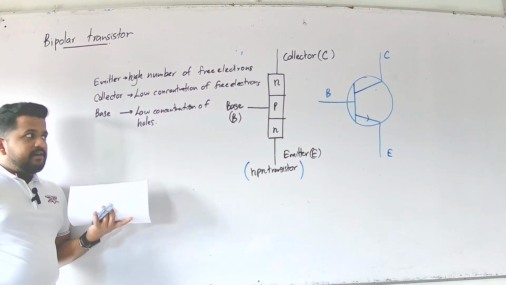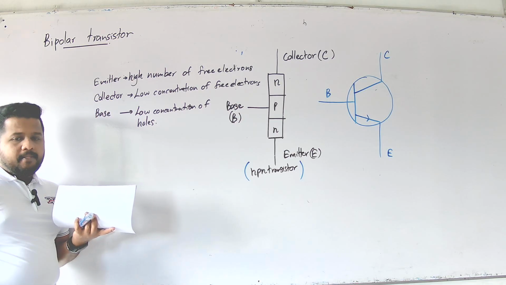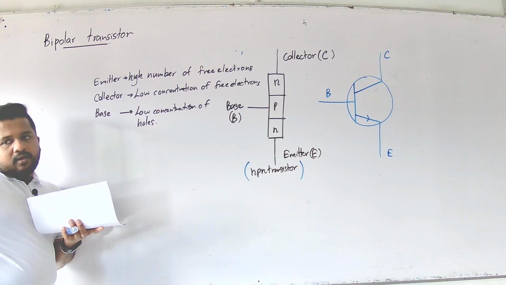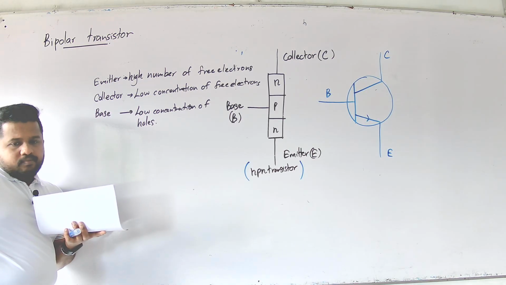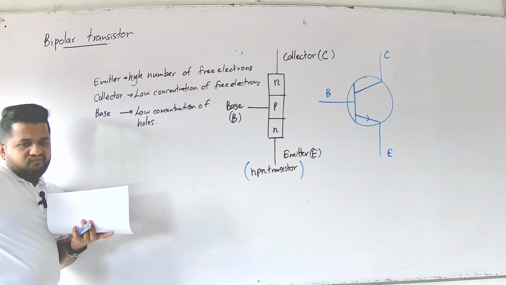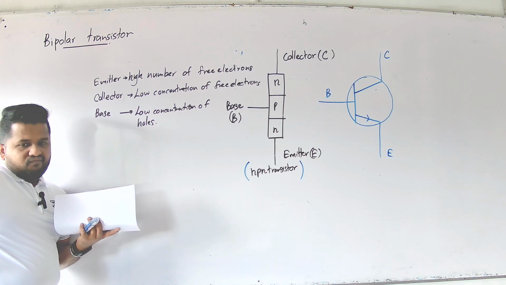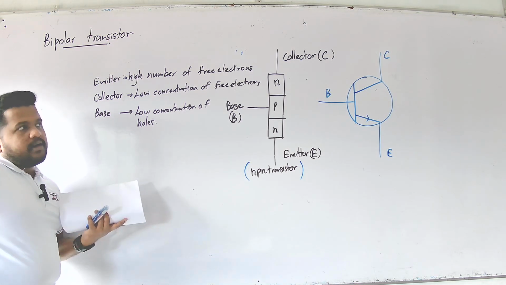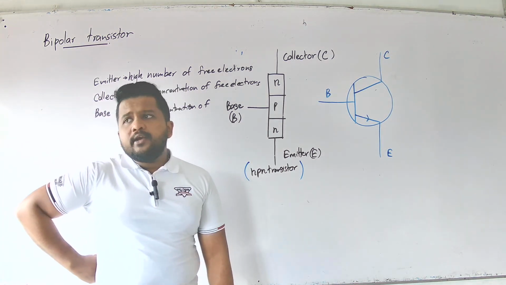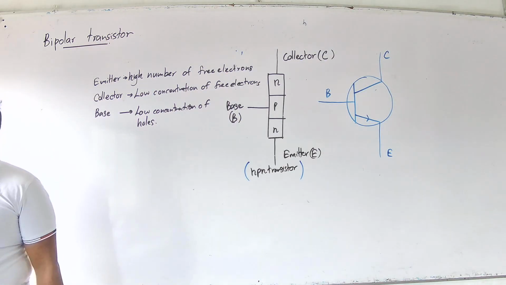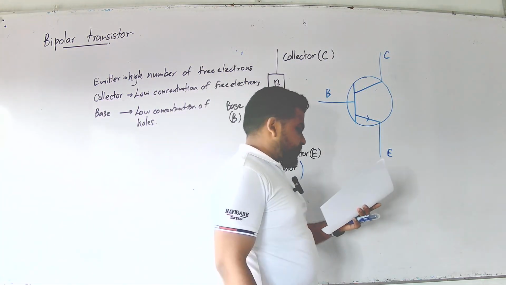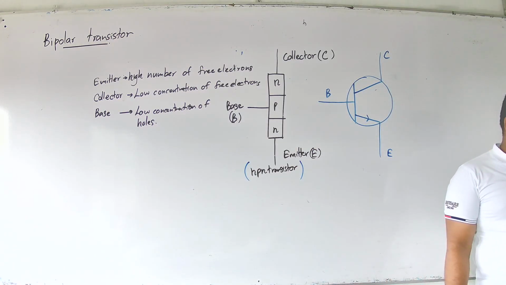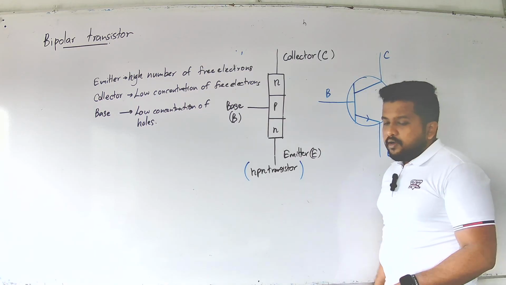In a PNP transistor, the majority carriers are holes. The mobility of free electrons is higher than the mobility of holes.